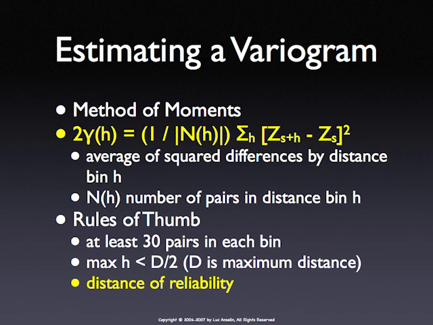All the pairs of observations that are within that distance from each other fall into the bin. And for those observations, you take the average over n of h, that's how many of the observations fall in that bin. You take the average of the square differences. So the square differences are the differences between the value at two locations.